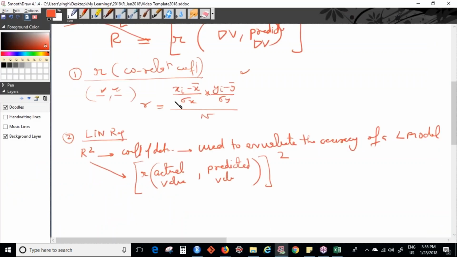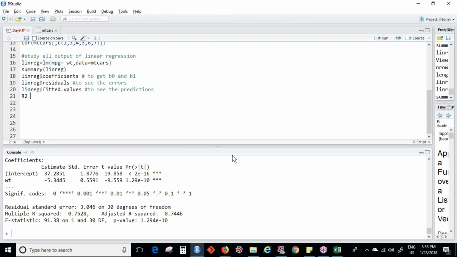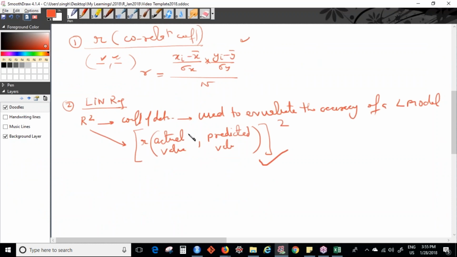Based on what we just learned here, this formula. Can you write it down? I'm waiting for an answer.